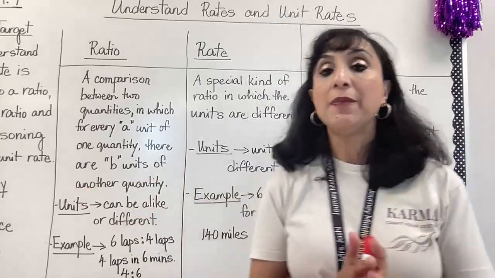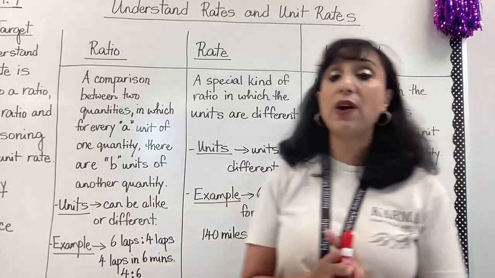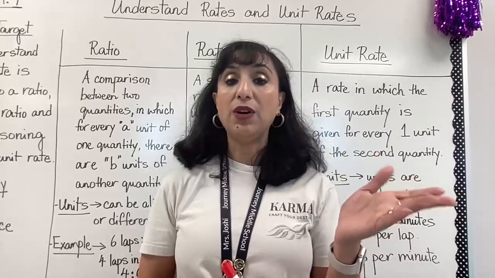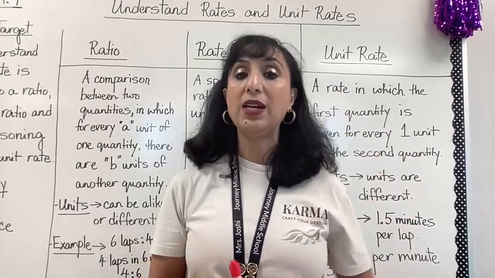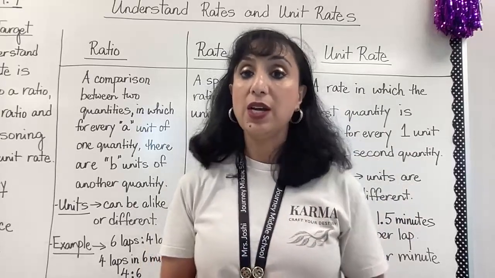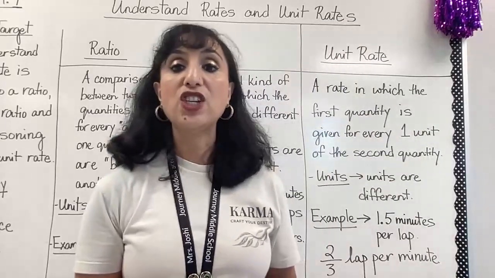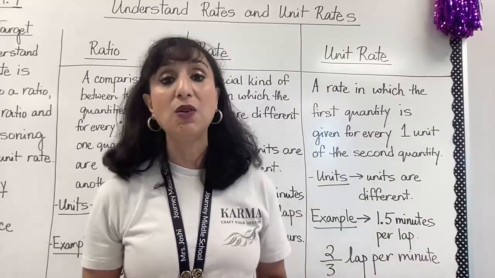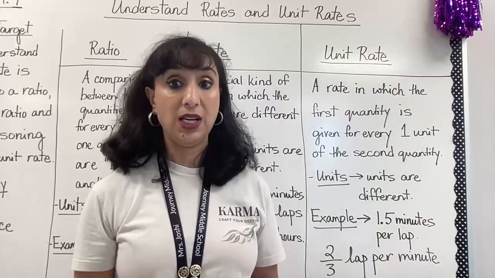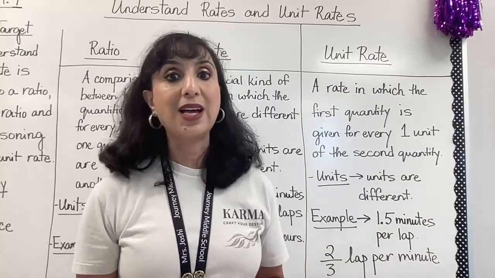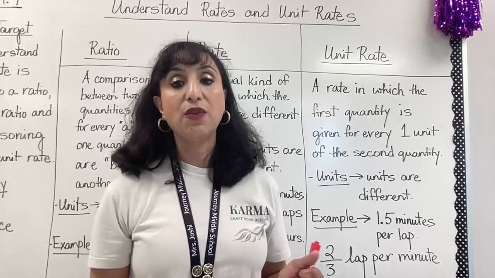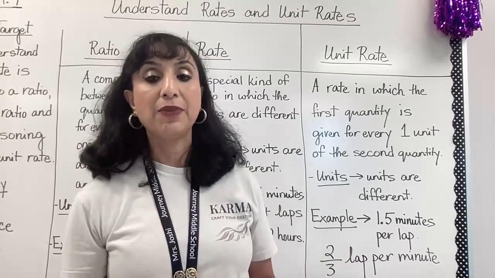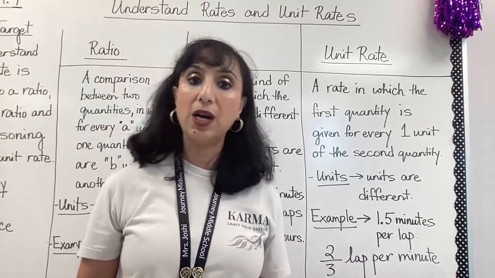So as you can see, the miles and the hours are two different units, and that's what makes it a rate. Okay, so a unit rate is when I take the rate and I put it over 1 unit. So my denominator is always going to be 1. So a rate in which the first quantity is given for every 1 unit of the second quantity. And in this, the units are different, okay? So for example, I have 1 5/10 minutes per lap, 2/3 laps per minute.